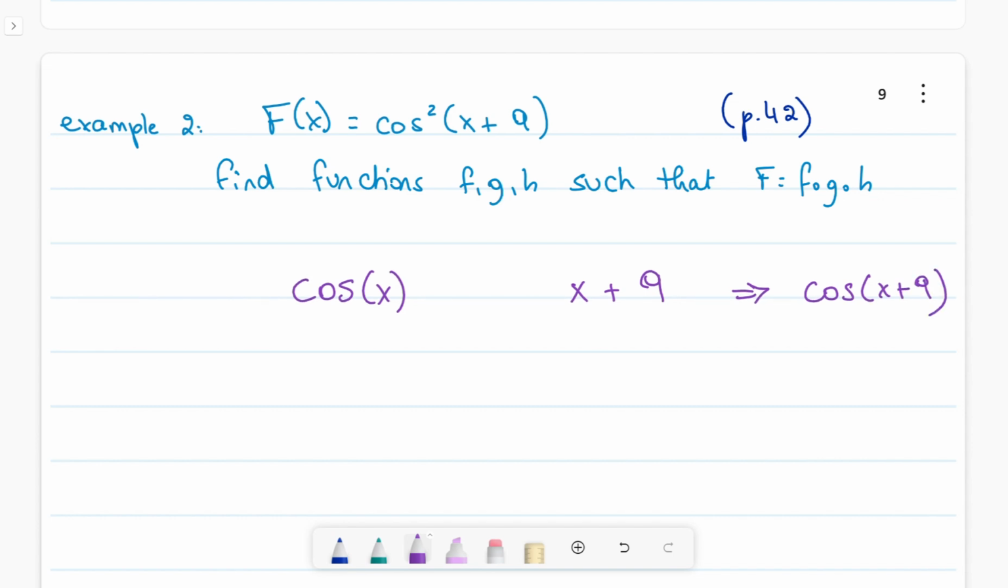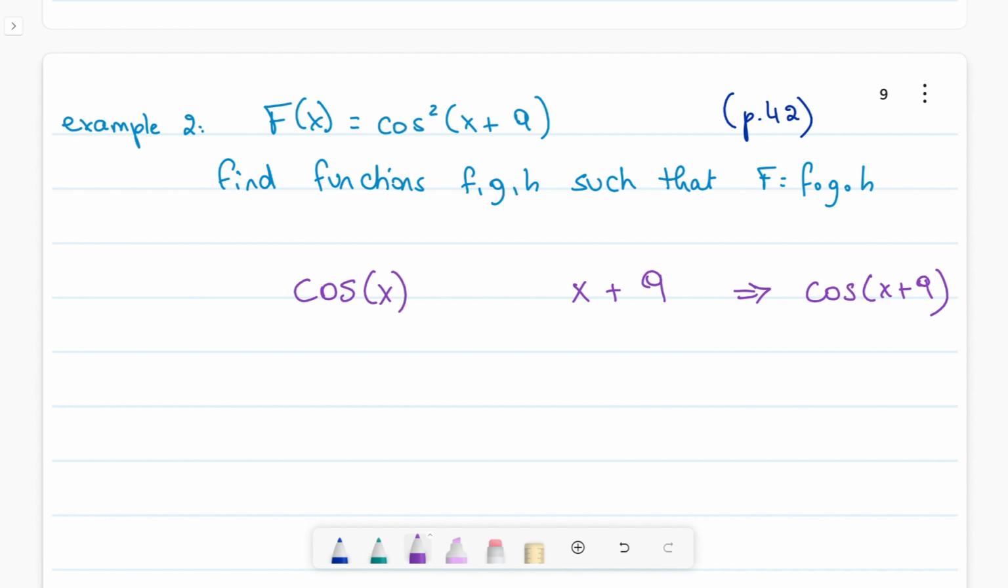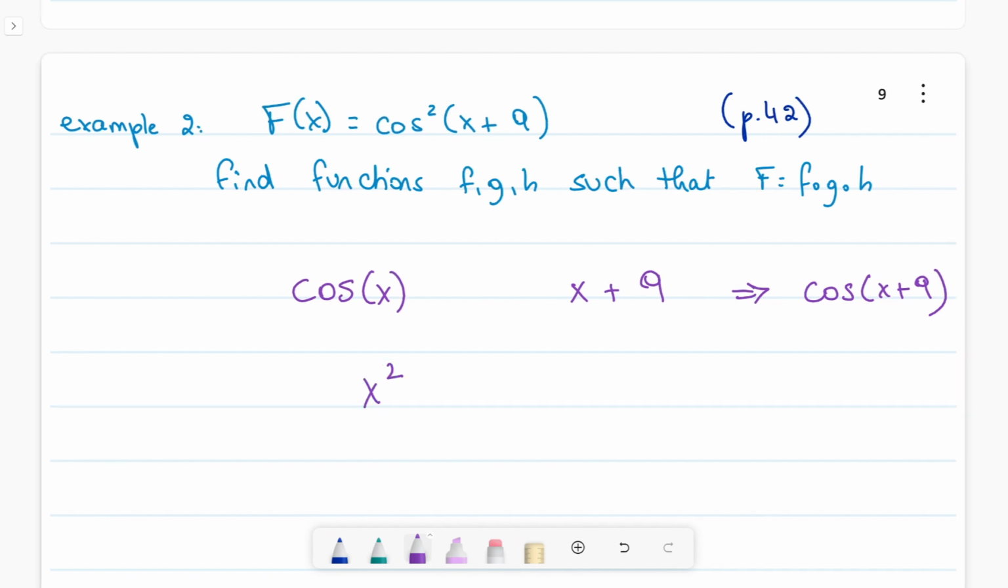However, cosine x plus 9 is not what we want. We want it to be cosine squared of x plus 9. So we might have another function that's x squared. And if these functions are composed, we will end up with cosine squared of x plus 9.